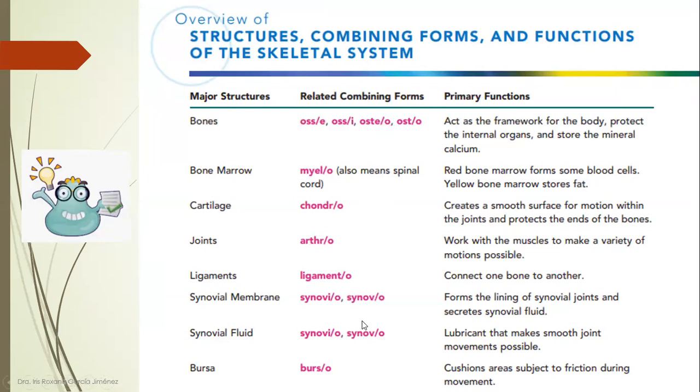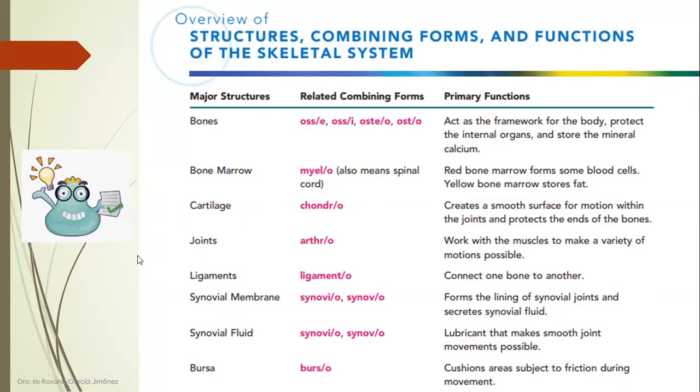We all know these meanings because of middle school. We all have this basis. Please check the major structures, how they are written down, the related combining forms, and with this information, it's going to be easier to talk about. The primary function, read this in order to catch vocabulary, okay? Very important because it's an anatomical review, of course.